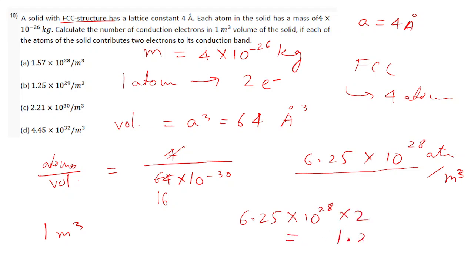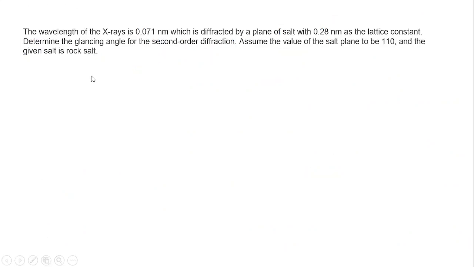This will be 1.25 times 10 to the power 29 per meter cube. So 1 meter cube has this many atoms, and since one atom is contributing 2 electrons, the total number of electrons in this 1 meter cube will be 1.25 times 10 to the power 29. This is the correct answer. I have some more questions related to XRD, so let's do them also.